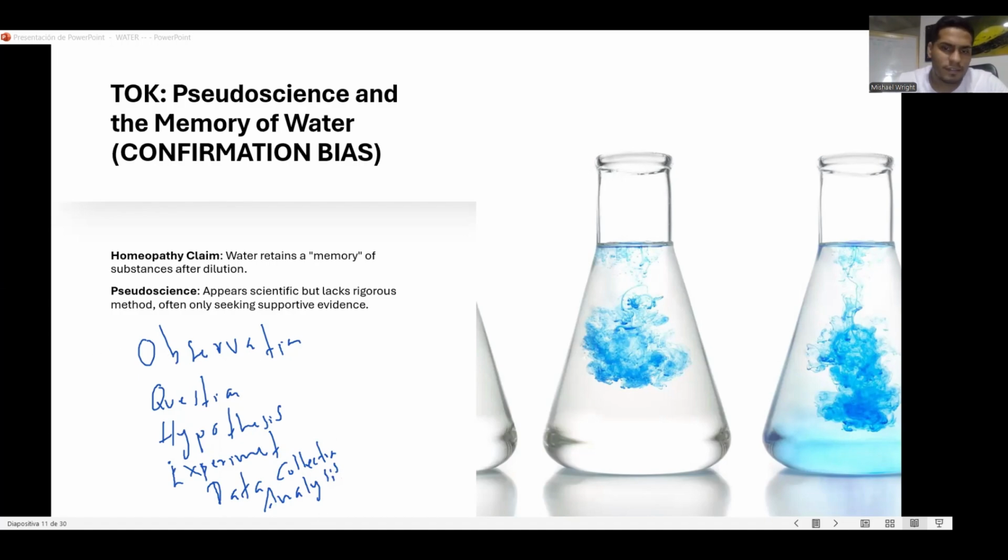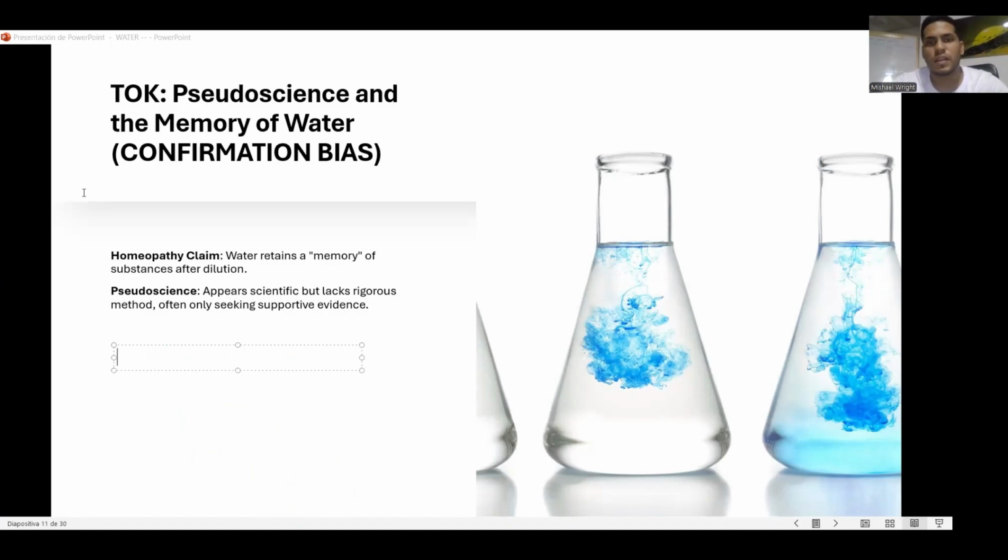So you analyze those data, the data information, and then you're going to conclude. You're going to go into the conclusion, and then you're going to design a report on what you found. Basically, those are the different steps you have in the scientific method.